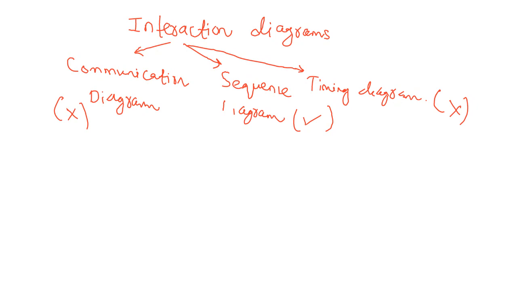In simpler words, a sequence diagram shows different parts of a system in a sequence to get something done.